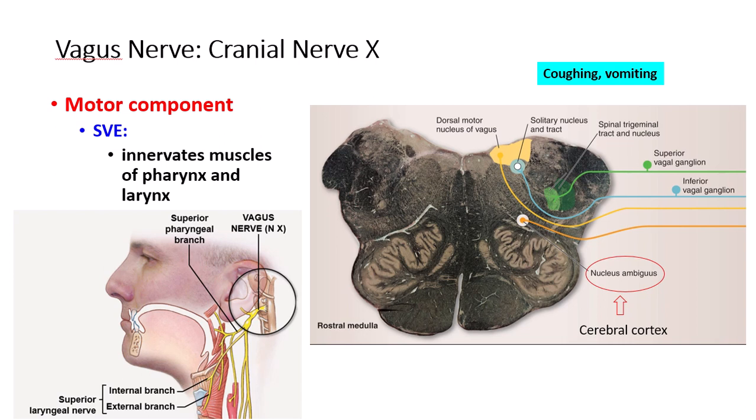All reflexes have a sensory part and a motor part. The motor part is provided by the vagus nerve, and the sensory part is provided by the trigeminal nerve, and also by cranial nerve 9, the glossopharyngeal nerve.